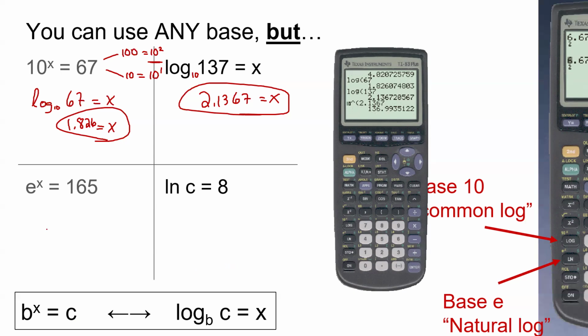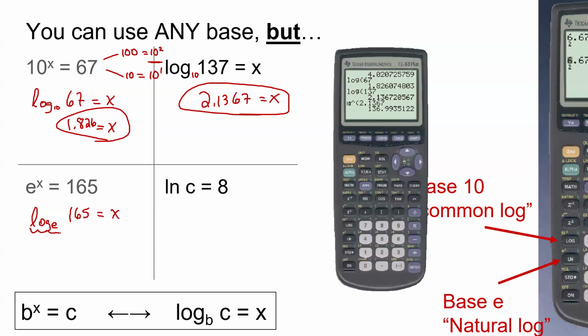So that's okay. Down here on the bottom, I have an exponential, and if I write that in log format, I've got the log base e of 165 equals x.